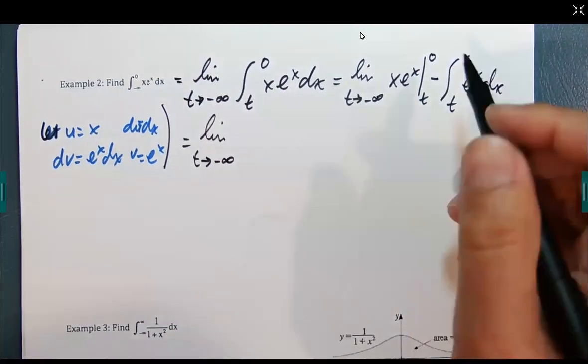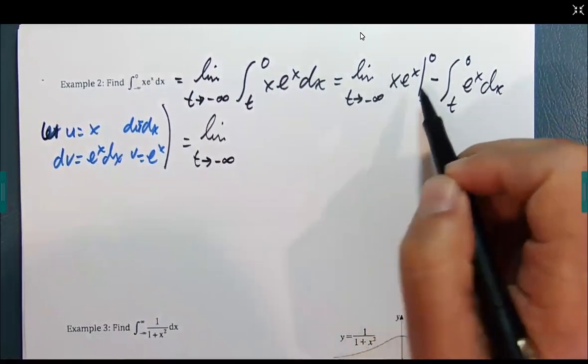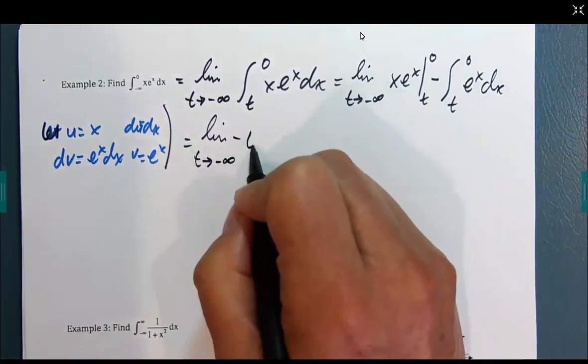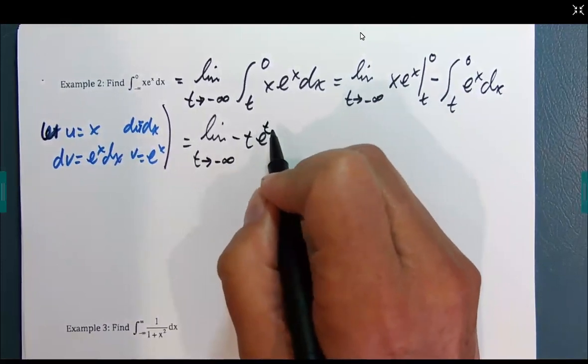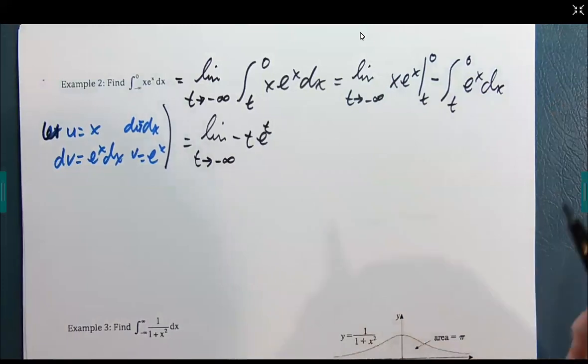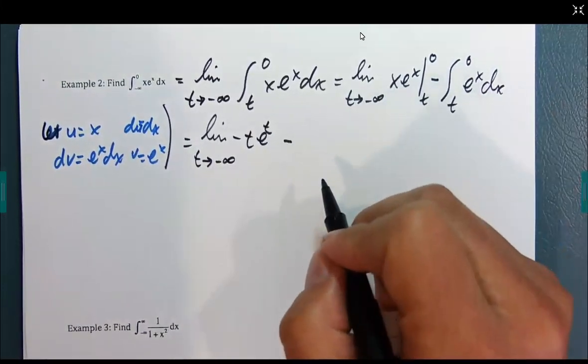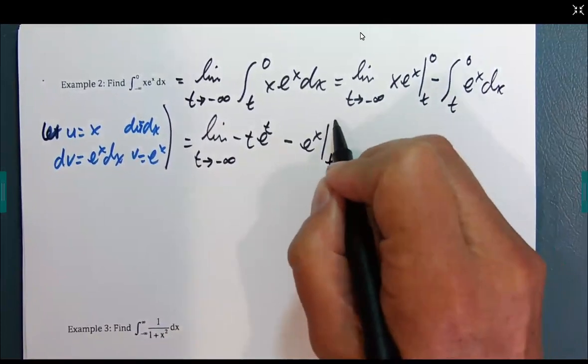All right, so you can see when I put 0 in there, I'm going to get 0 because of the x. And when I put t in there, so negative t e to the t, minus e to the x from t to 0.